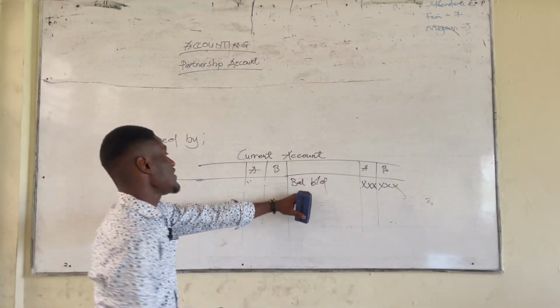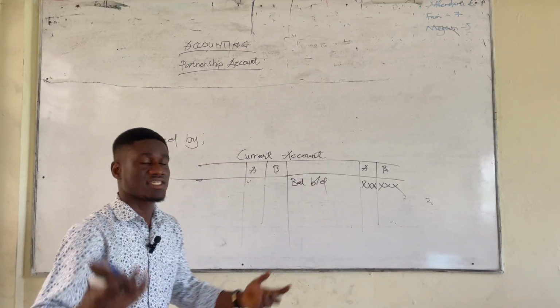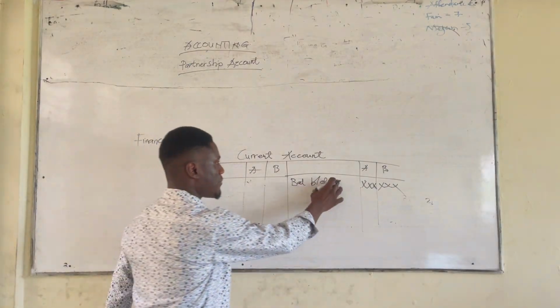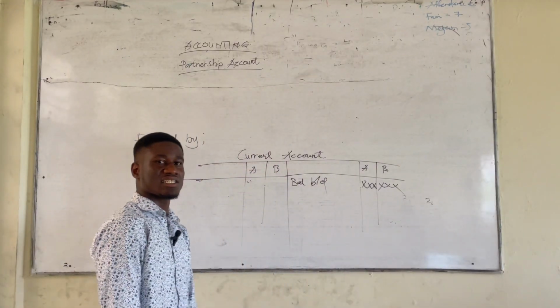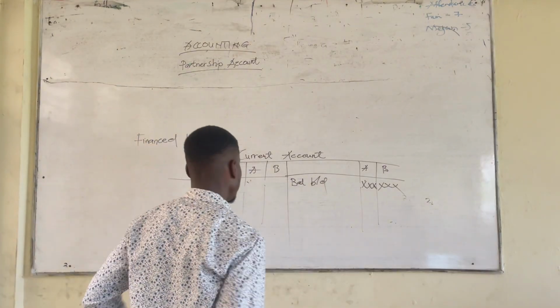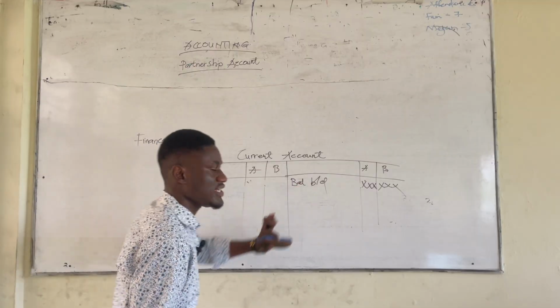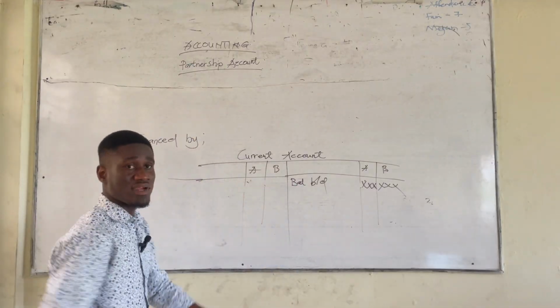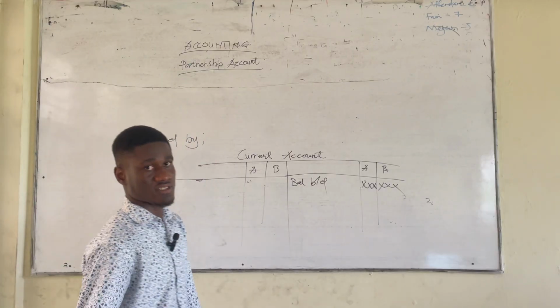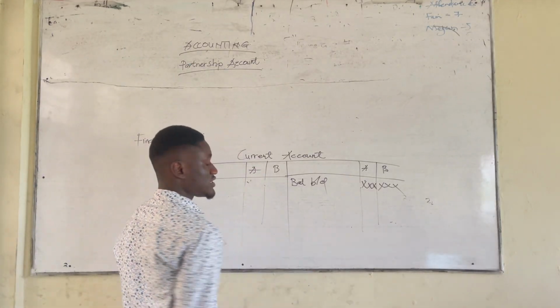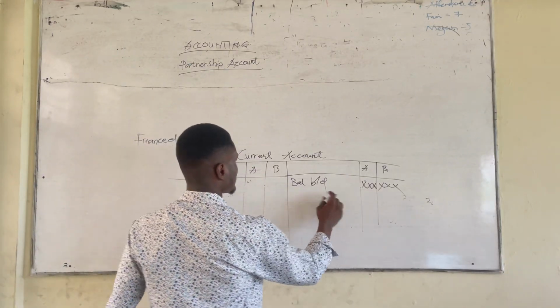Also, if the amount is going to increase the partner's balance, record it here. If money is coming into the partner's pocket, record it here. If money is going out of the partner's pocket, here it should be recorded. Good. So this is the basic way of letting you understand.